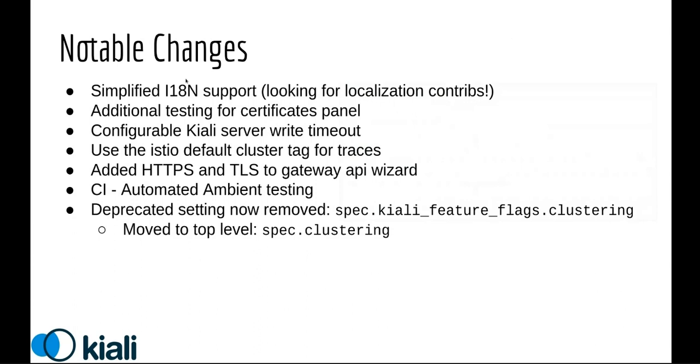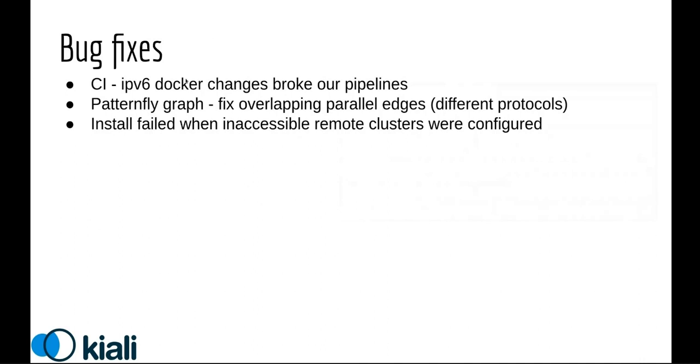And we actually removed a deprecated setting. So if you're using the spec.kiali feature flags setting, you should update it to the top level spec.clustering field. Few bug fixes along the way. Again, some CI changes: IPv6 Docker changes that broke our pipelines, which we fixed.